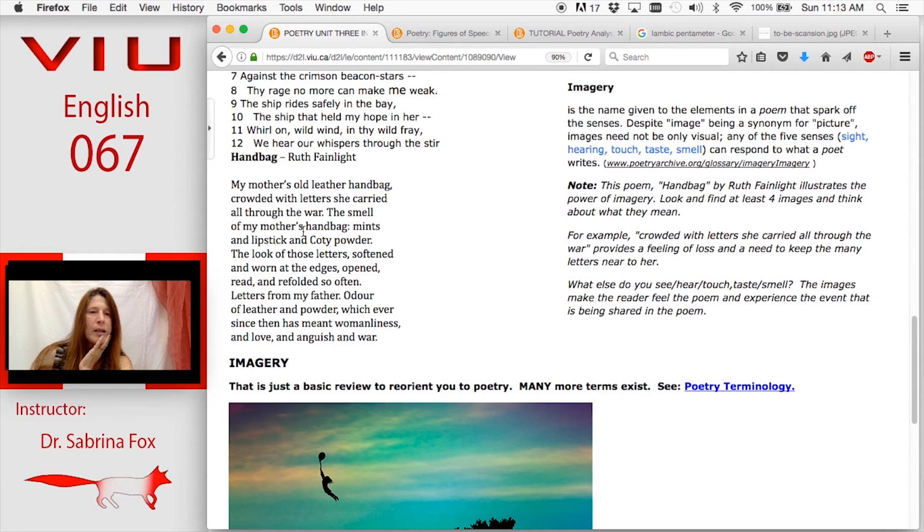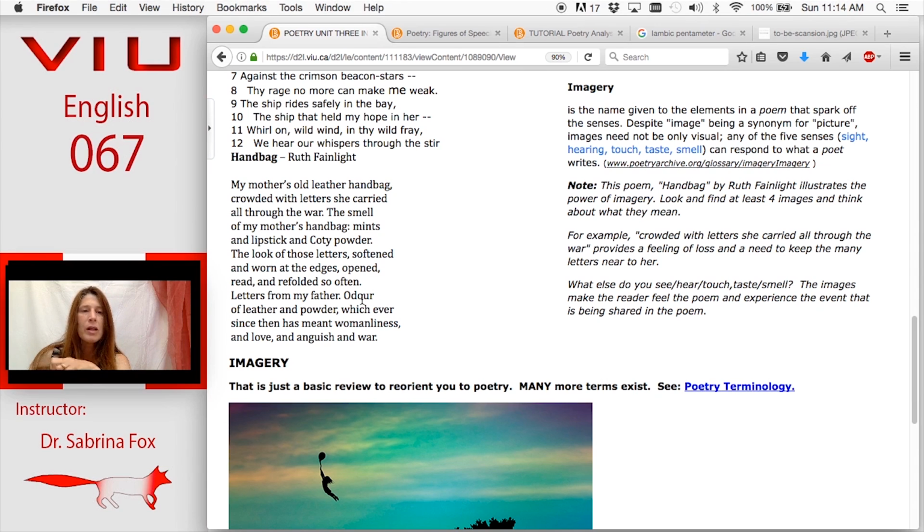Well, how about the smell of the handbag, mints and lipstick and powder? It's very female sorts of smells in a purse. The letters are softened and worn. You can see it, you can feel it. You can feel how the letters have been read so many times that the paper is soft, smooth. And what were they? Letters from my father. So you sense the import there.